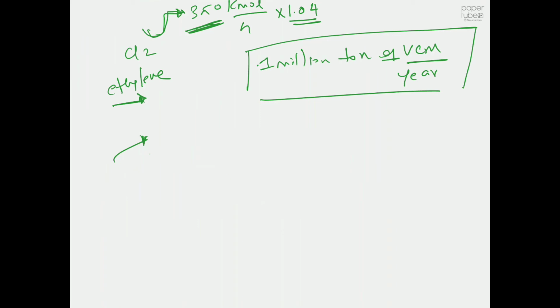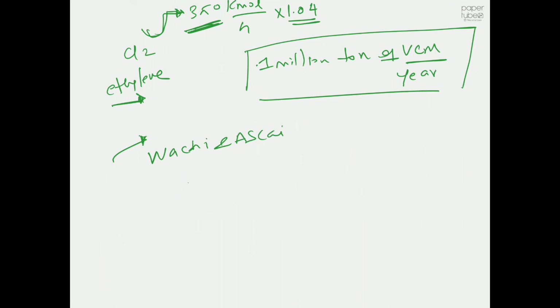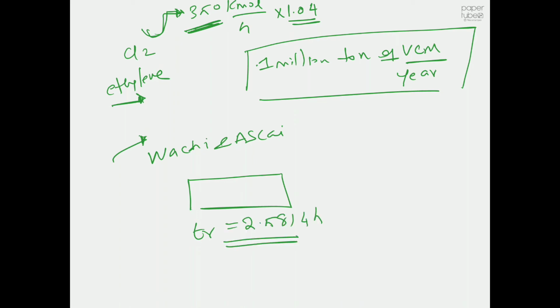Wachi and Askai. They found that we need at least 2.5814 hours to ensure complete conversion. So in the CSTR, the residence time value should be equal to 2.5814 hours. We need to fix this.